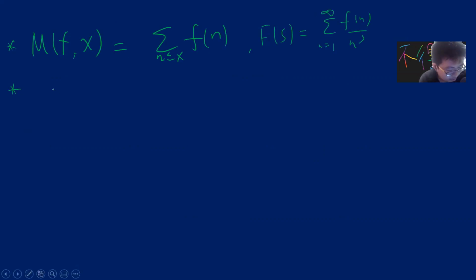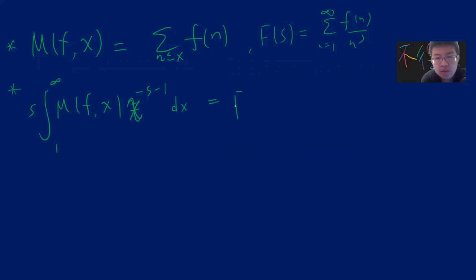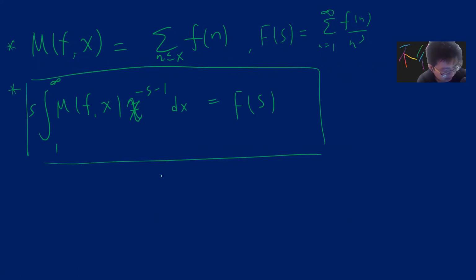We found a connection between this summatory function and the Dirichlet series. Basically, the idea is that if you multiply by x^(-s-1) dx and integrate, you get F(s). This is the important connection that one can try to prove.